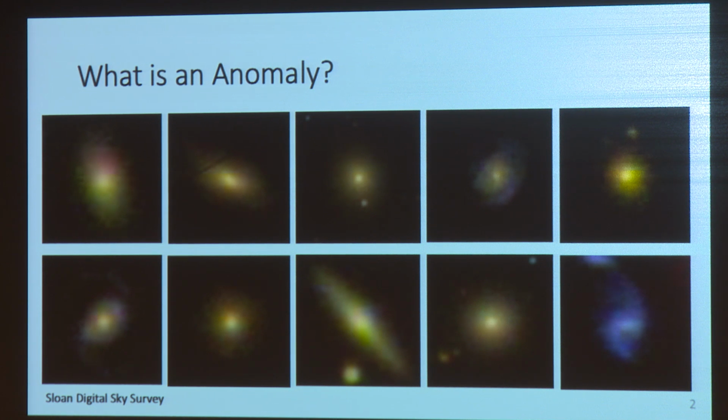This is the audience participation part of the talk, so if anyone has a thought about one that they think is anomalous, please raise your hand. Yes? Bottom right, okay. You don't have to be an astronomer to look at pretty pictures, right? So any other votes for other items? Bottom middle, okay.